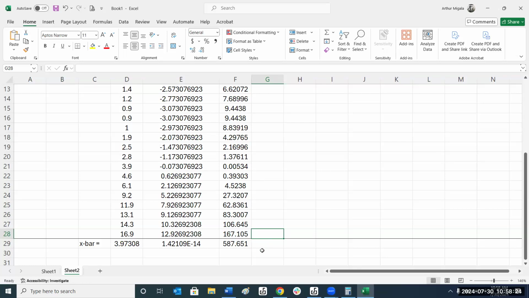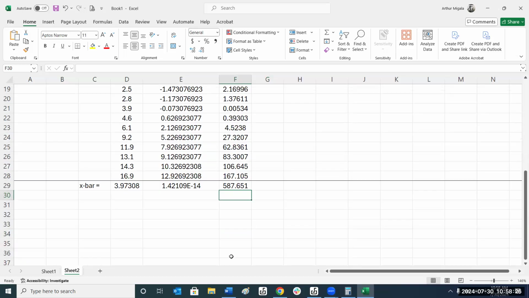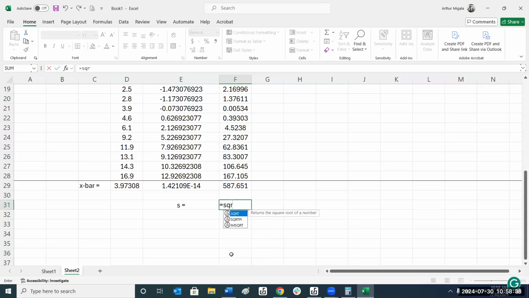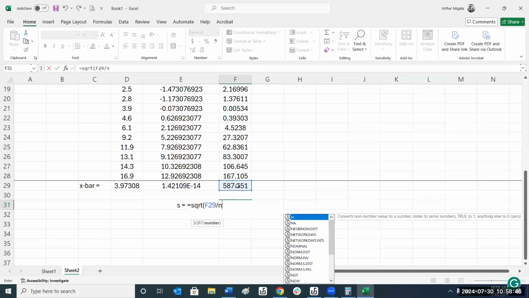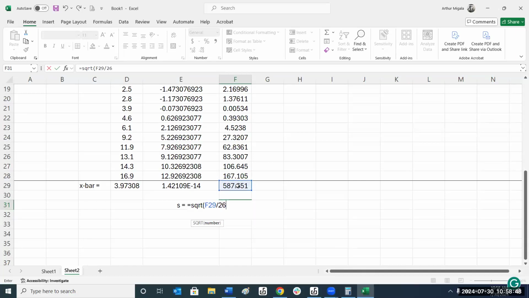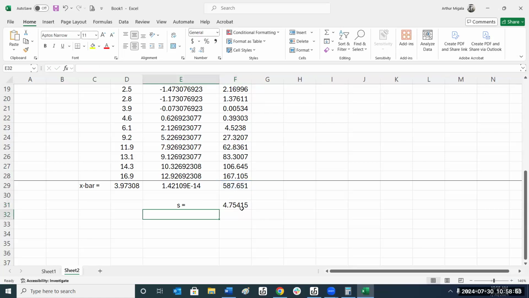And now to find our standard deviation, I take the square root of that number divided by n, which was 26. So that's our S.